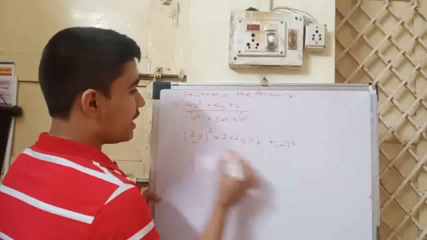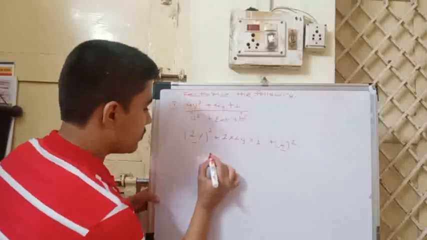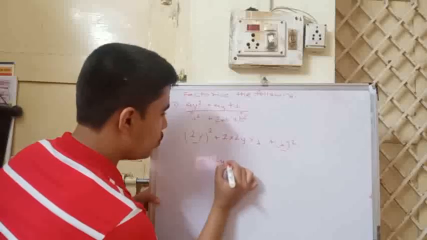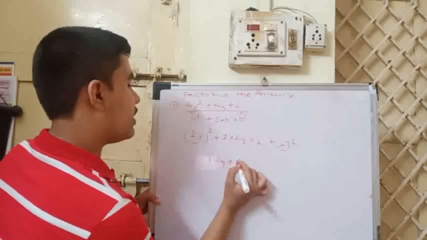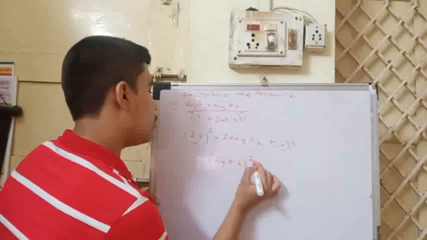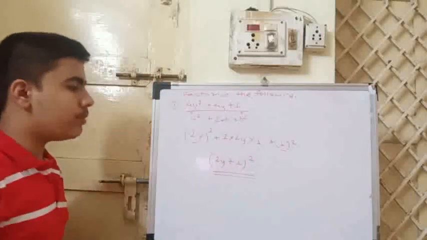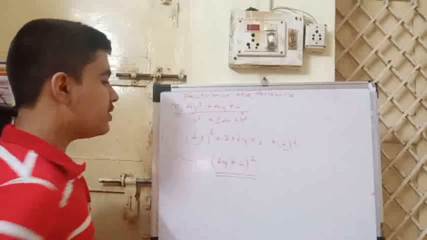Now if this is a and this is b, then it will be 2y, and all the signs are plus, so here also it will be plus 1 whole square. This will be the answer.